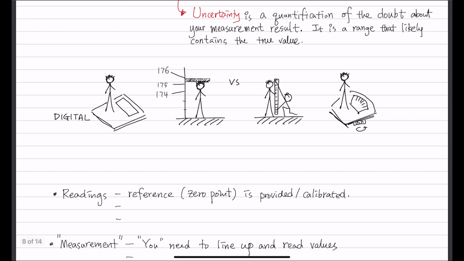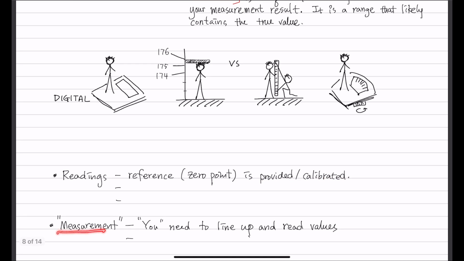One is called readings, and the other is called measurement. Okay? And readings are the case where the reference or the 0 point is already provided or it's calibrated for you. And measurement is you are the one who needs to line up and read the values, even for the 0 point. Okay? So how about we think about these two cases here.